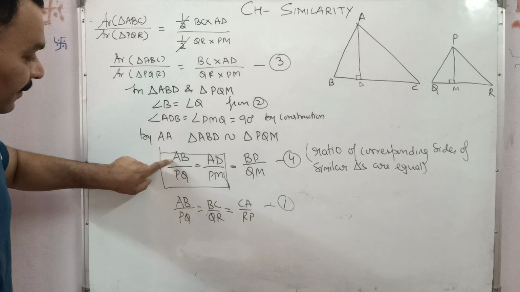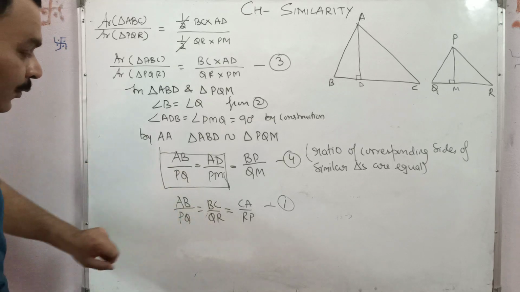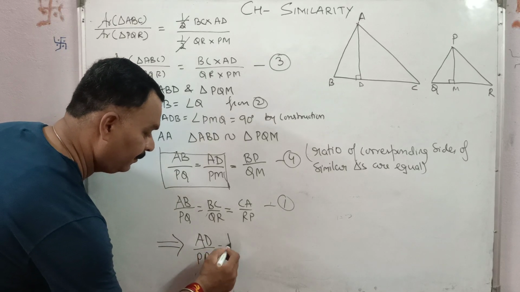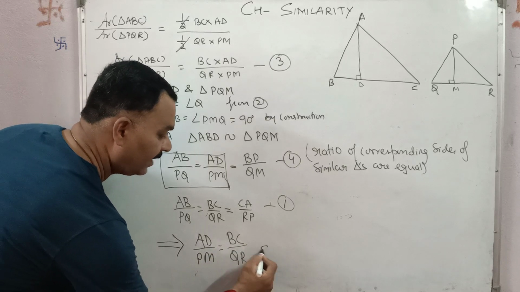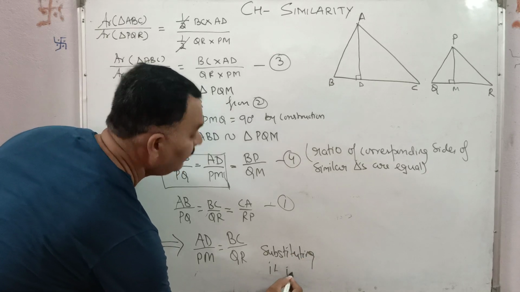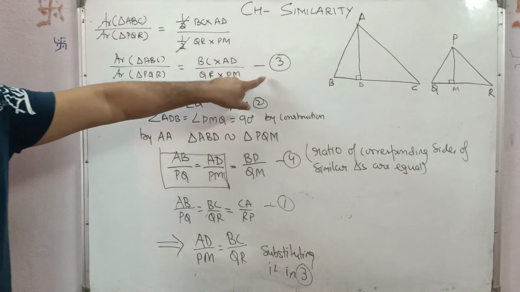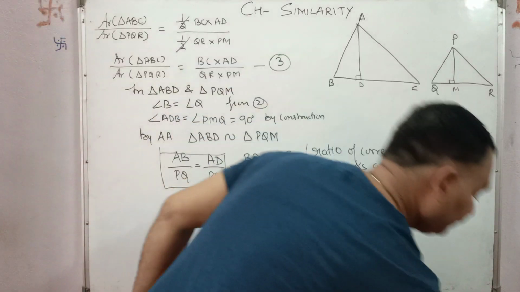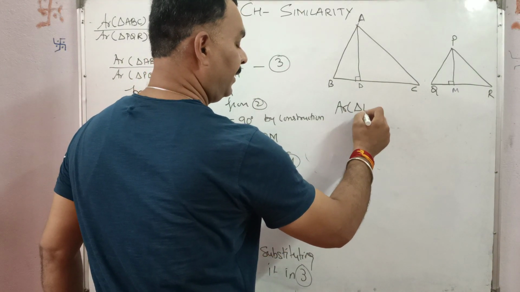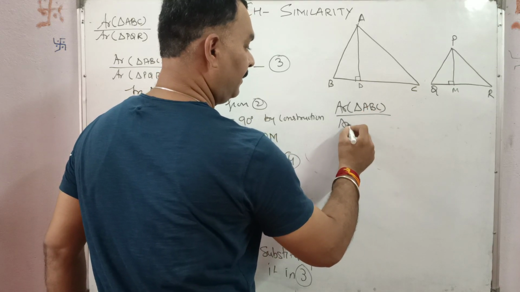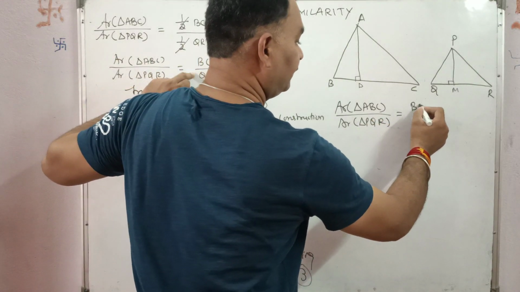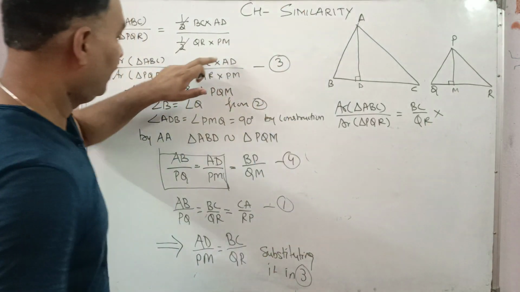Now replacing AB upon PQ by BC upon QR, this implies that AD upon PM is equal to BC upon QR, and substituting it in third equation, we see that area of triangle ABC to the area of triangle PQR is BC upon QR into AD upon PM.